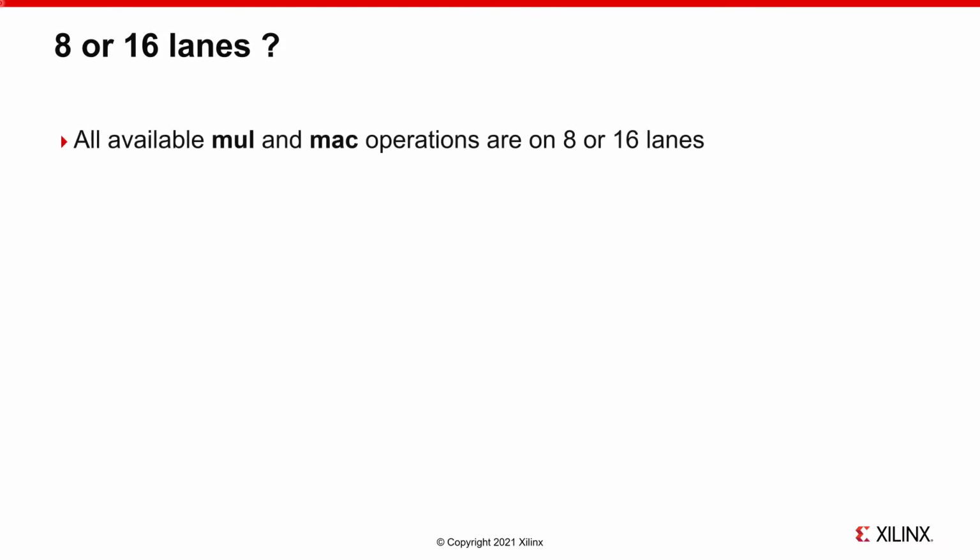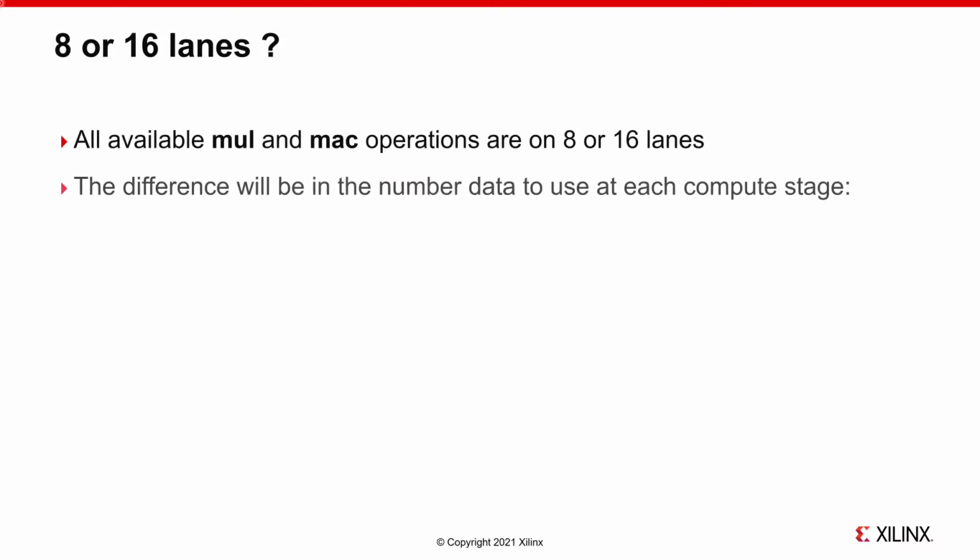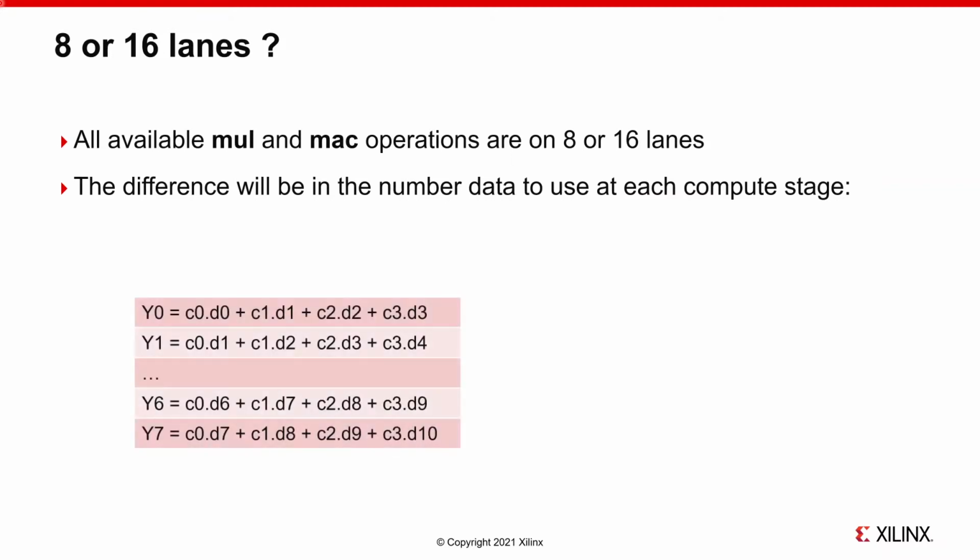So now we have to choose between 8 or 16 lanes for the mul and mac operations. The difference will be mainly in the number of data that you will have to use at each compute stage and the number of data that you will have to load. For example, here on 8-lane computation, for y0 you need d0 to d3.